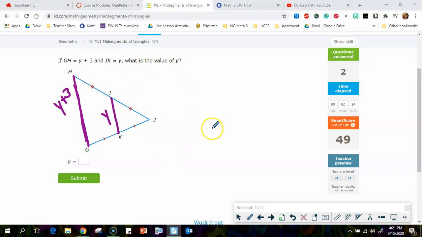So Y would be half of Y plus 3, or we could say that Y plus 3 is 2 times Y, and that might be a little bit easier than dealing with a fraction. If we subtract a Y over here, that gives us 3 equals 1Y. So then Y would equal 3.